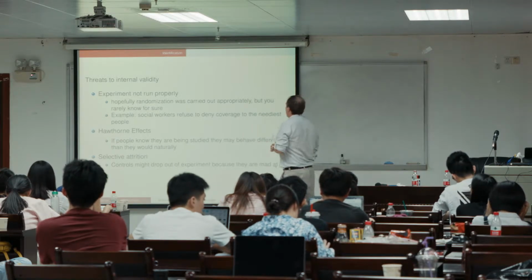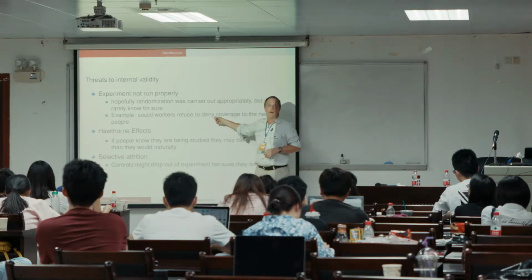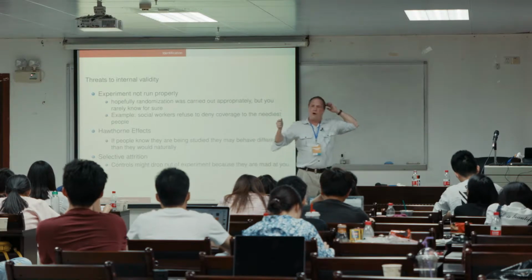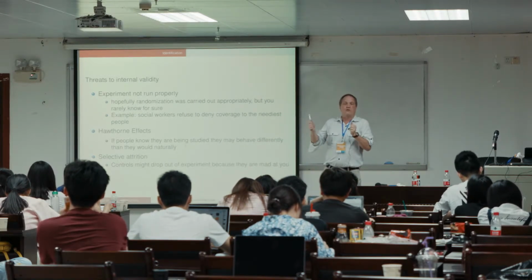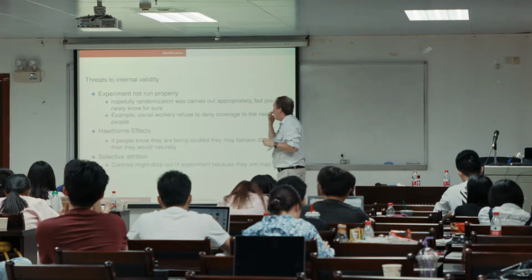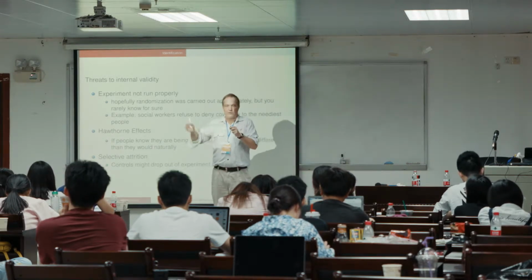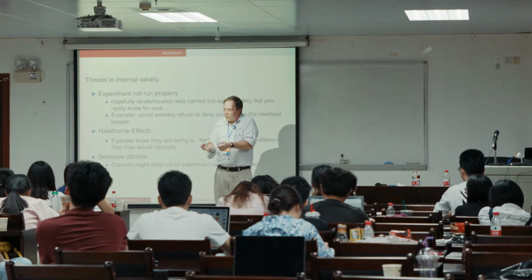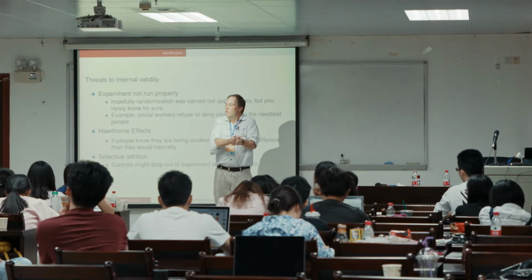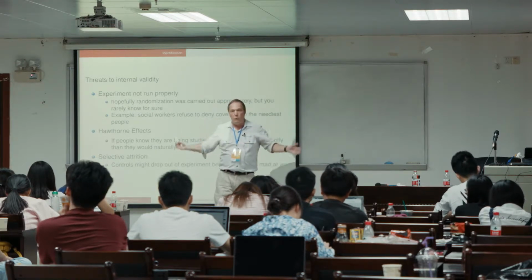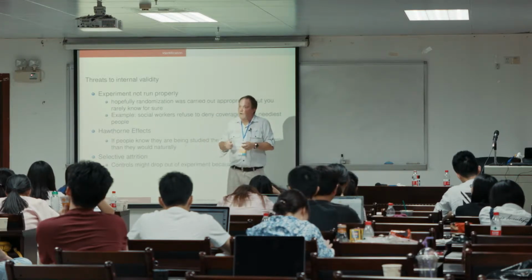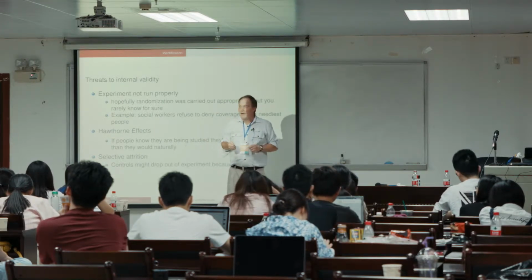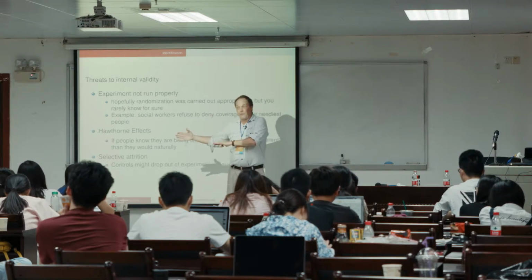One example that I'm familiar with was the Job Training Partnership Act, which is something that I worked on a long time ago. This was an experiment that was providing job training to low-income workers. People would walk into the job training center, and then you would have some social worker that had to roll a die and decide whether you got the training or you didn't.